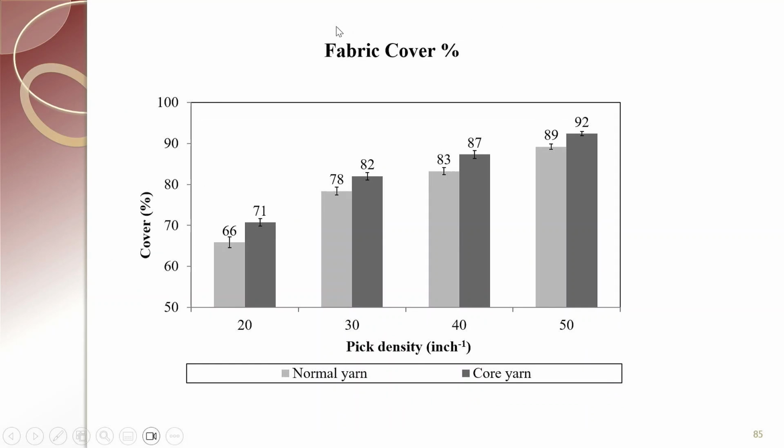Now, fabric cover factor. Here the normal yarn cover percent was 66% and the coarse spun yarn with the hollow yarn is 71% for 20 pick density, and for higher pick density, both for normal yarn and the core yarn it increases. So, fabric cover is always higher in case of core yarn for all the pick densities.